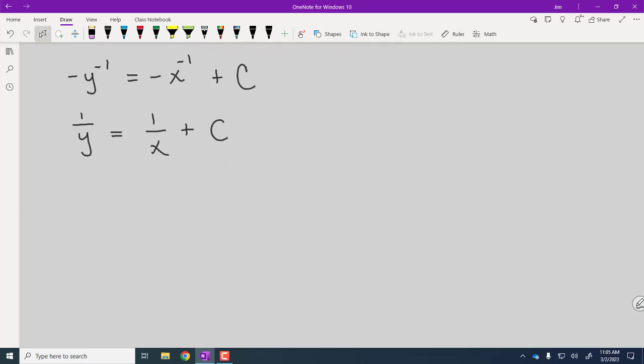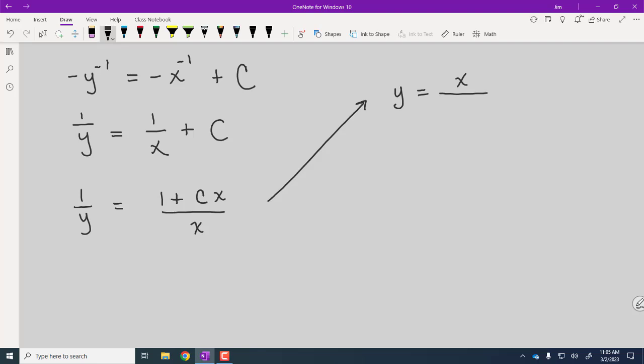Okay, on the right-hand side, let's get a common denominator, because we know that we are going to want to take the reciprocal of both sides. And as soon as we get both sides written as a fraction, then we can reciprocate. So now we can take the reciprocal of both sides, and we've done what we wanted to do. We wanted to isolate y.